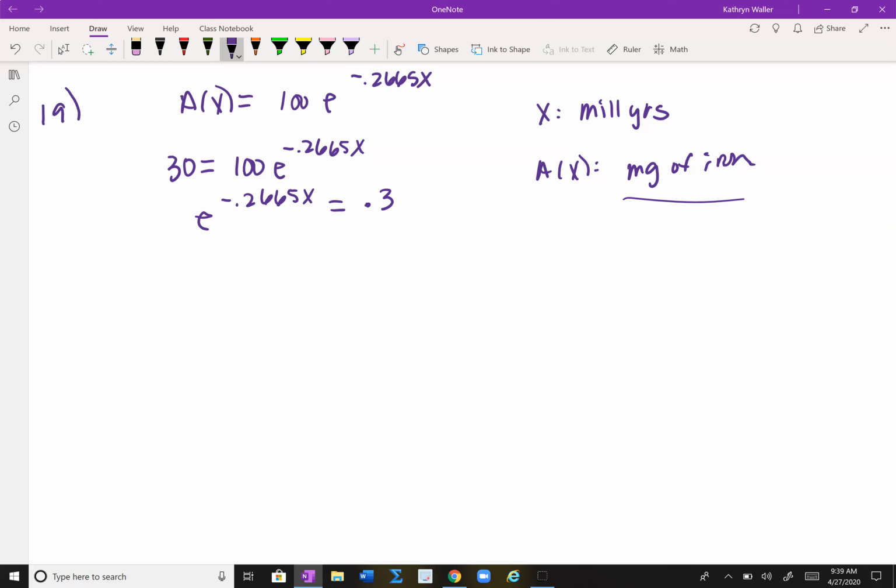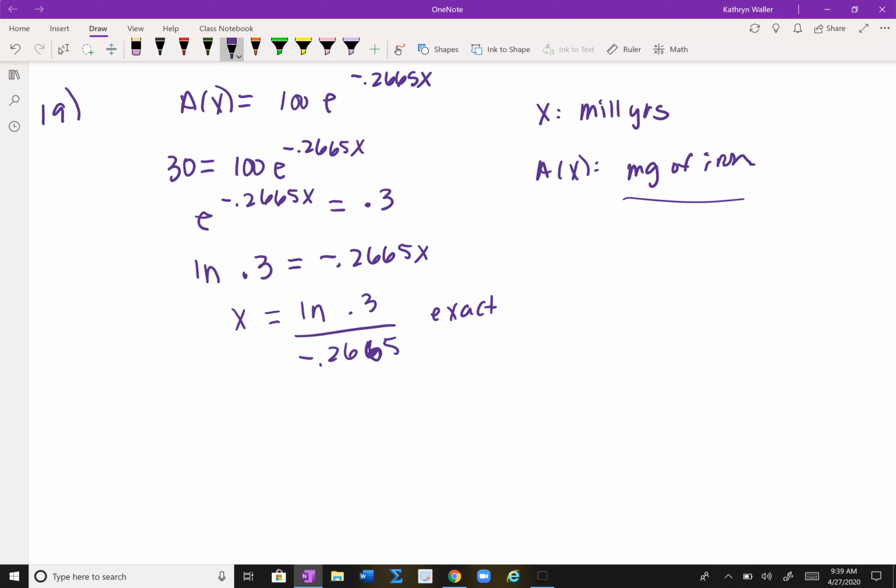And now I'm stuck, so now I convert it. So it's log base e of 0.3, that's ln 0.3, is negative 0.2665x. To solve for x, you divide. So it's ln 0.3 divided by negative 0.2665. So here's one thing I need you guys to understand. This is the exact solution. Exact means you haven't rounded, there's nothing approximated, but these directions actually tell me to round 2 places past the decimal.